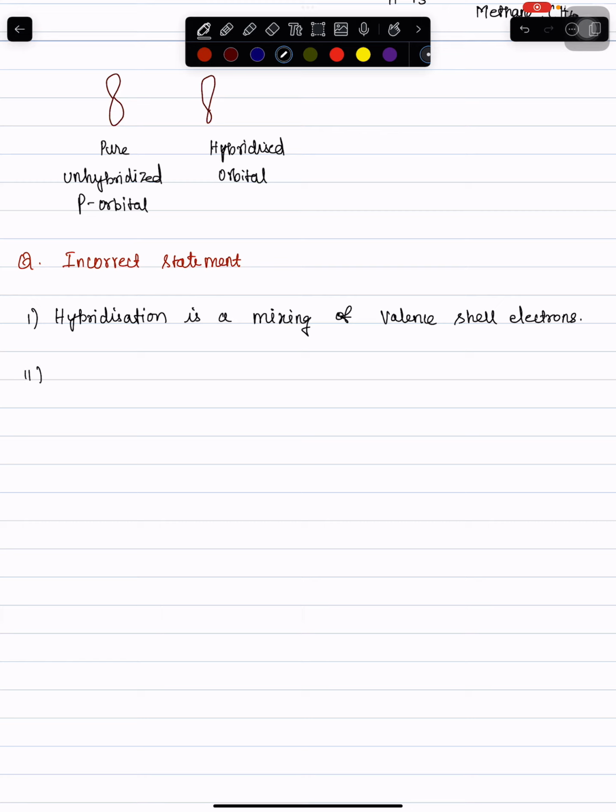Second option: full-filled, half-filled and vacant orbitals may take part in hybridization.